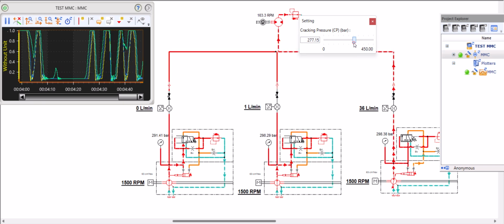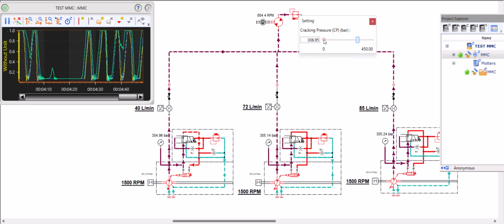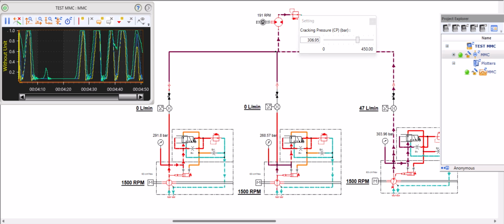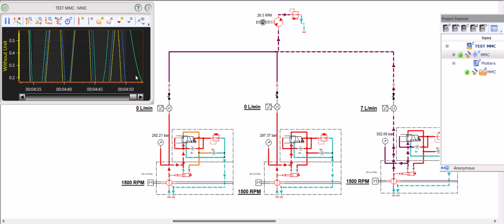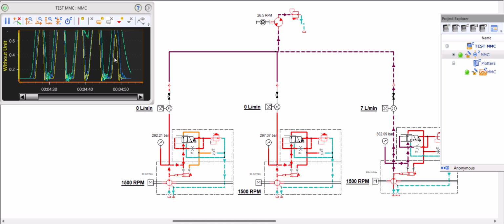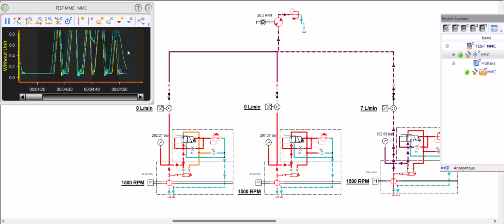You can see the SwashPlate movements on different scales. If I pause this simulation for a second, you can see here the large variations in the movement of different SwashPlates.